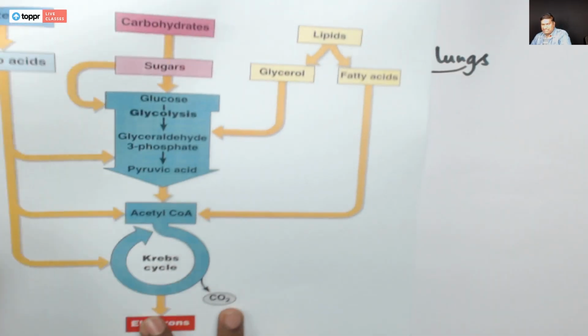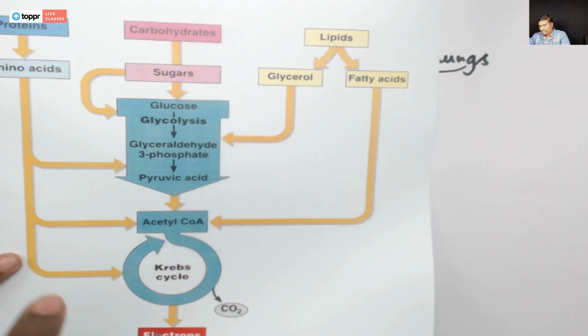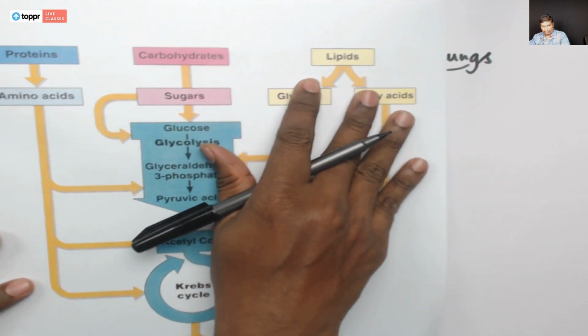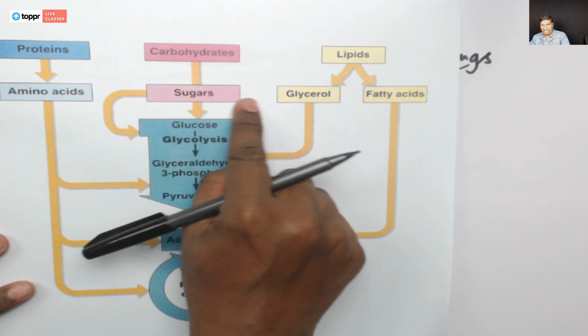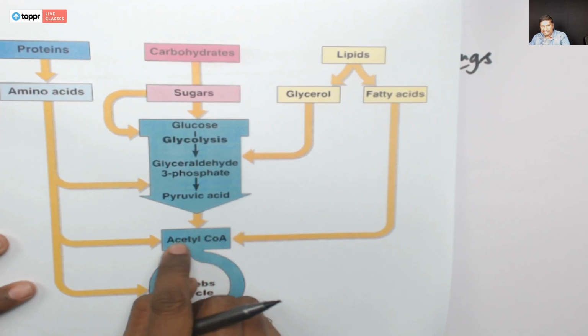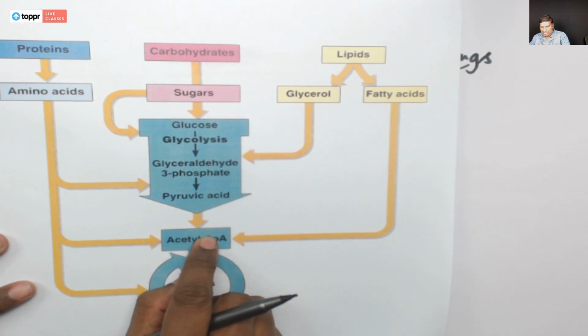So let me just show you once again. Whether it is carbohydrates, proteins, or lipids, they're broken down to simpler molecules, amino acids, sugars, glycerol and fatty acids, and all of them have acetyl-CoA as an intermediate. All of them will converge at this point.